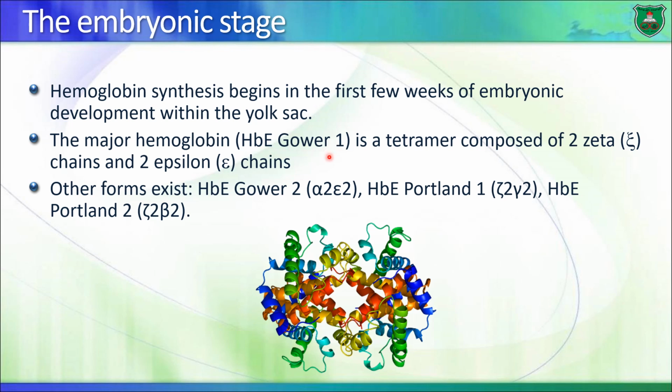Now, you have also other forms that exist because you have production of alpha, gamma, and beta, but these are minor forms. So you have HbE Gower 2, alpha 2 epsilon 2. You have HbE Portland 1, zeta 2 gamma 2, and you have HbE Portland 2, zeta 2 beta 2, but these are minor forms.